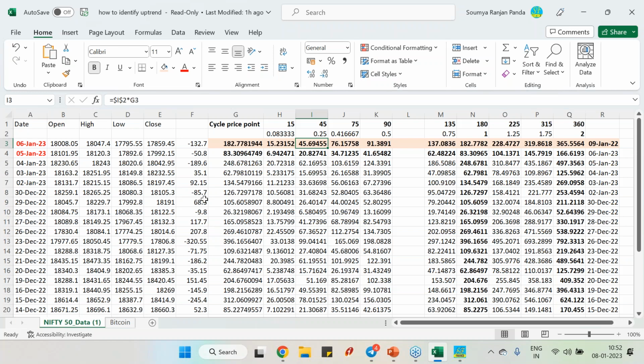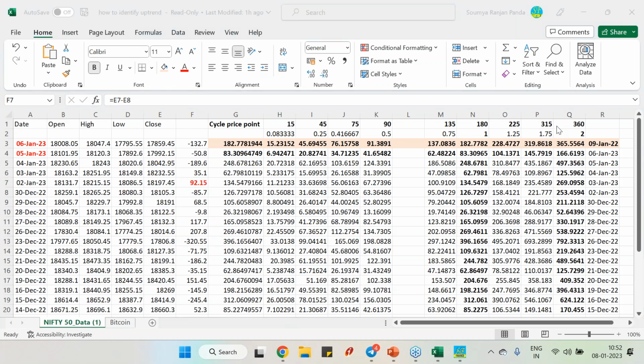Now with respect to 2nd January, how many points of up move or down move will set the uptrend on 3rd January?